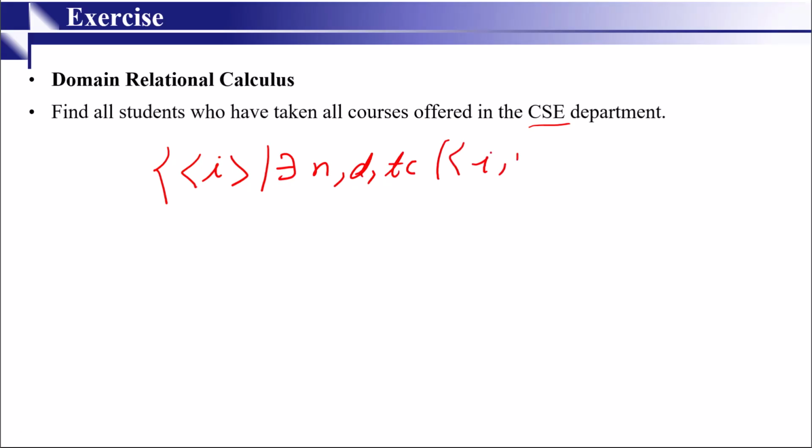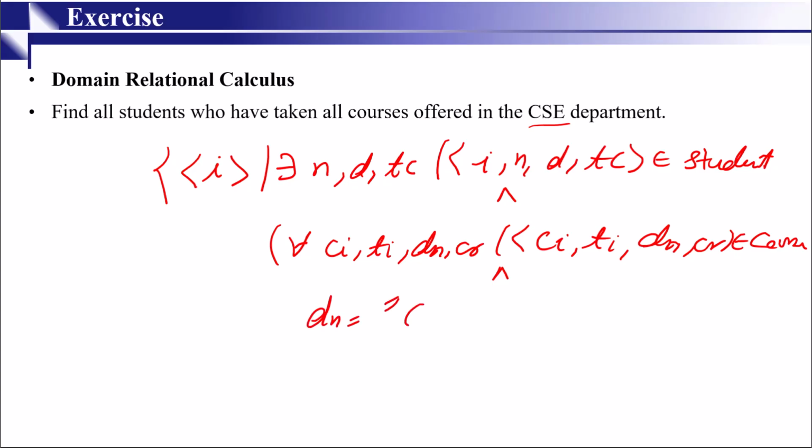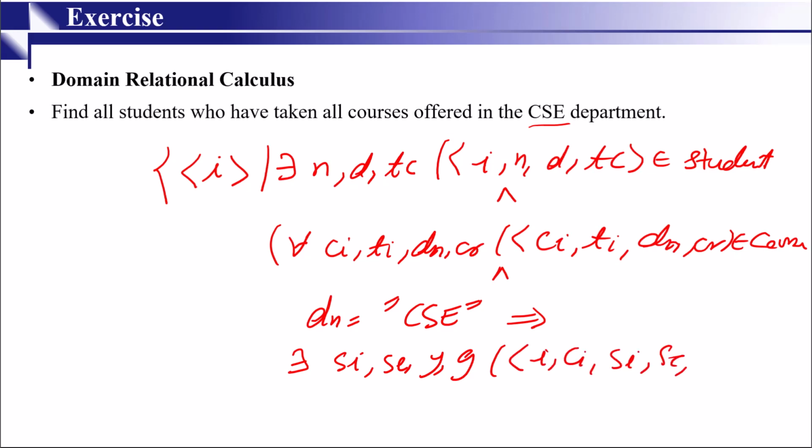Then we can say I, N, D, total credit in student, and for all CI, TI, DN, and CR in course, based on the course table, department name is equal to CSE, that implies there exists SI, SE, Y, and G. Then we can say I, CI, SI, SE, Y, G from takes.